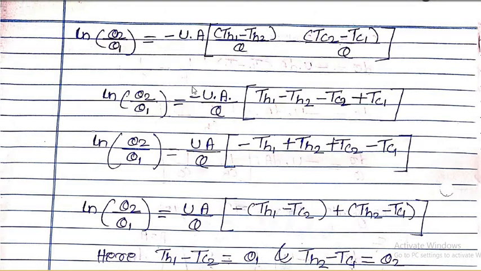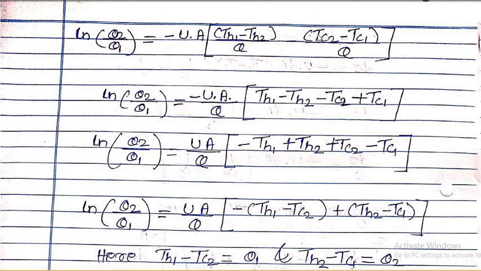Then the equation becomes, we have taken the Q out of the bracket as the base is common. So we have taken 1 upon Q as common and taken it outside the bracket. So the equation becomes ln of theta 2 divided by theta 1 is equal to minus u multiplied by a divided by Q. Now in the bracket it will be Th1 minus Th2 minus Tc2 plus Tc1.